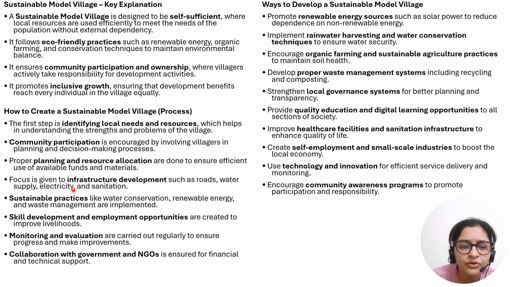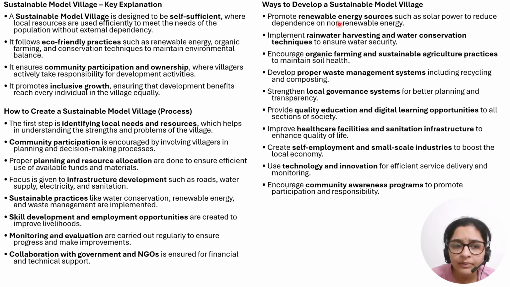Next, focus should be given to infrastructure development like roads, water supply, electricity, etc. Then sustainable practices like water conservation, renewable energy, and waste management techniques should be employed. Then skill development and employment opportunities should be given to the people of the village. Then monitoring and evaluation should be carried out on a regular basis. Then collaboration with governments and NGOs should also happen.